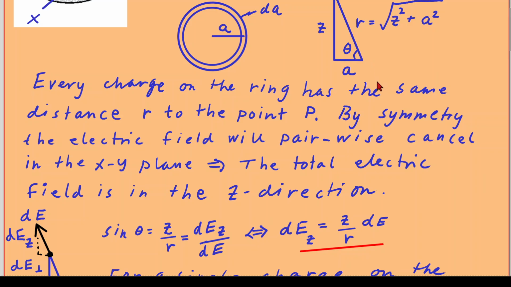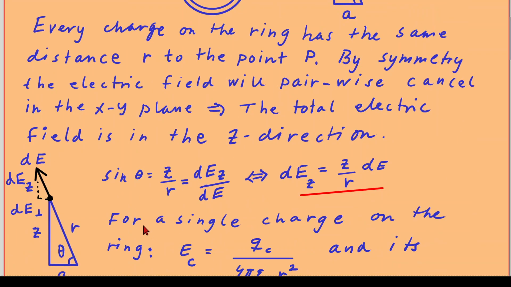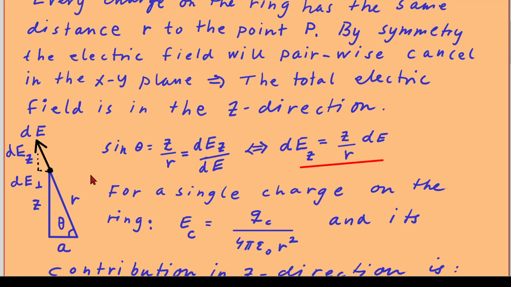Here's theta, and that is c divided by r. If you look here, the electric field from a point charge is in that direction, and it will have a component like that, and then this.